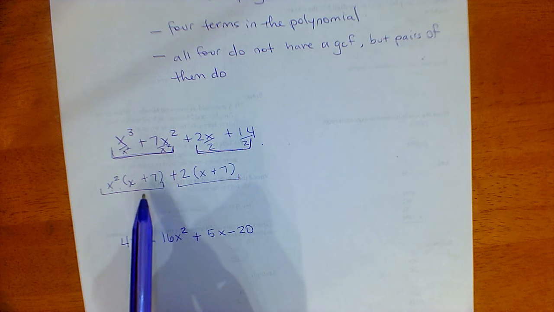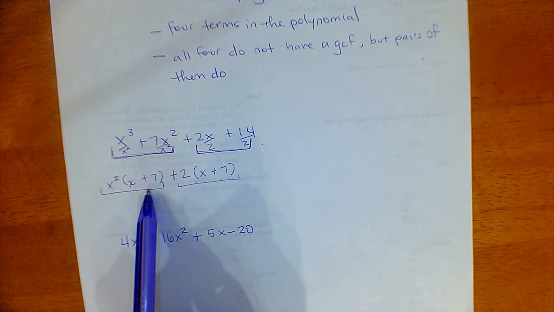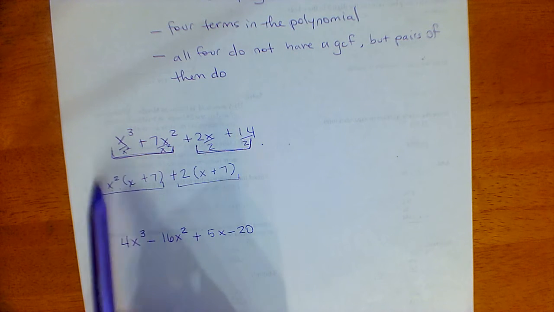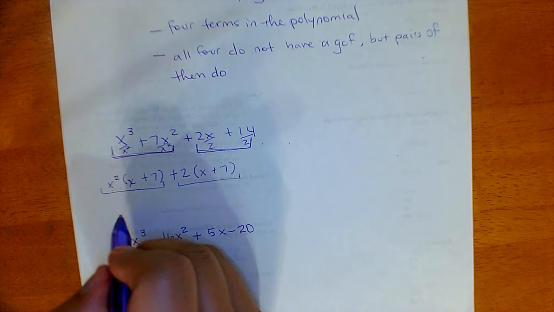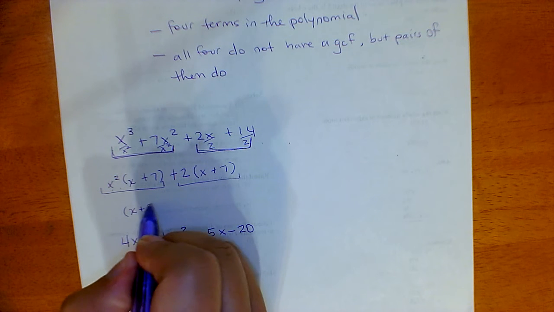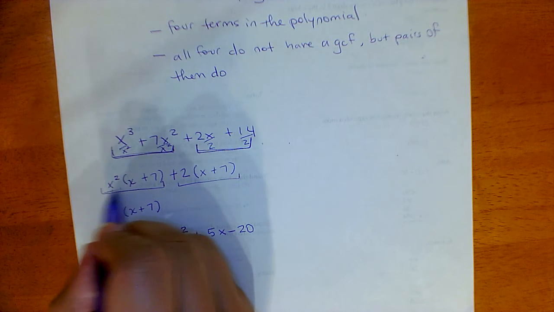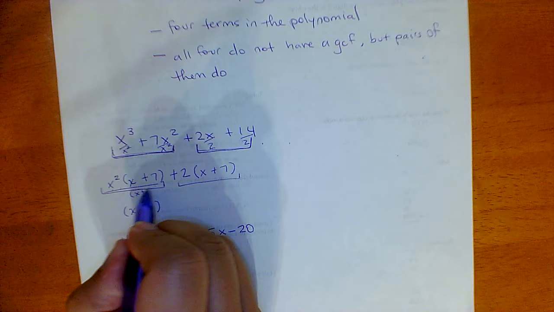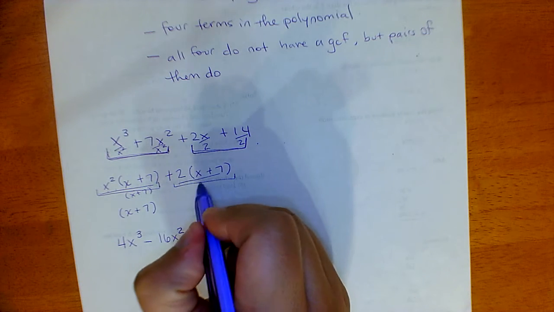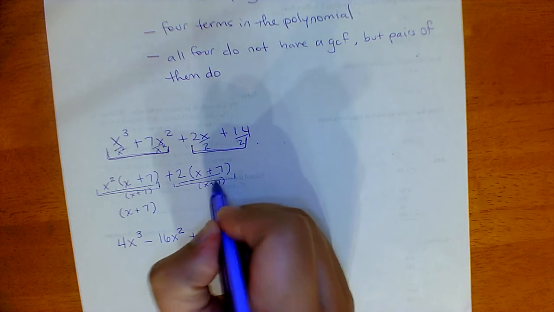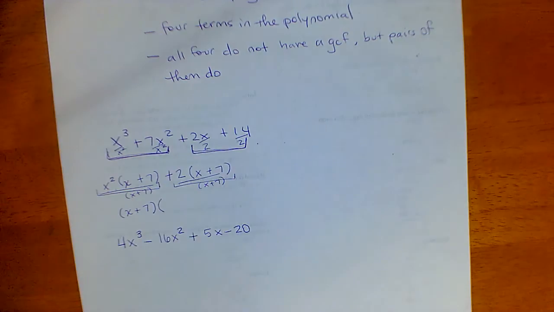And so we can use that x plus 7 quantity as a common factor for this term and this term. So we'll pull it forward just like any other GCF. We're going to divide the quantity x plus 7 out of each of those terms. We're going to start another set of parentheses so that we can see what's left over when we do that division.